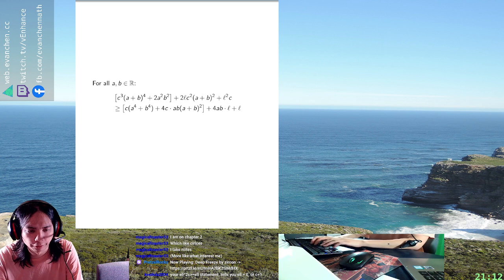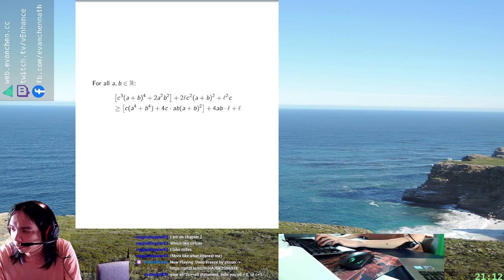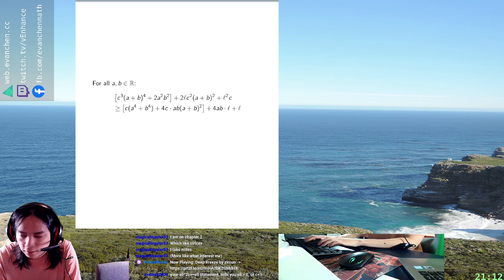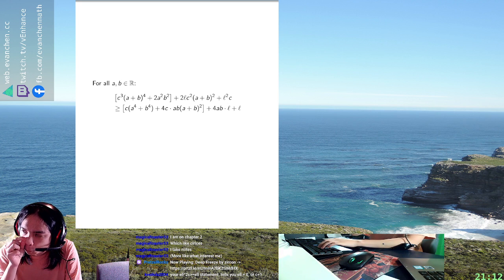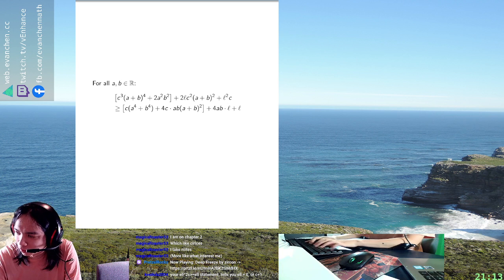Okay, and what have we learned so far? We figured out that if we plug in a equals minus b, we get a Christmas miracle and a bunch of crap cancels. You get 2a squared b squared plus L squared c is at least c times a to the 4 plus b to the 4. I feel like this is not what I got last time I did this, plus the lower degree stuff.